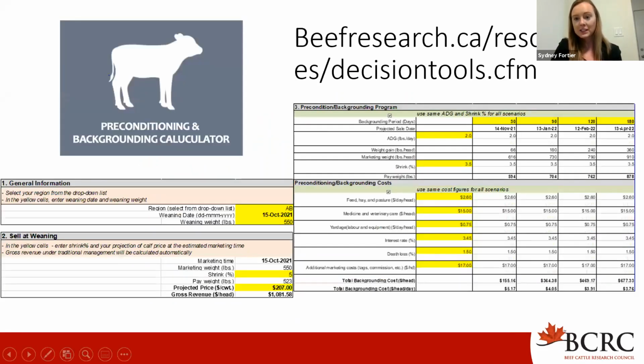Those can be found on our decision tools tab on our website. You put in your own information, your own regional data, and you are able to evaluate the net return of a backgrounding or preconditioning program on your farm as opposed to just selling at weaning. We will get into this calculator a little more later in the webinar.